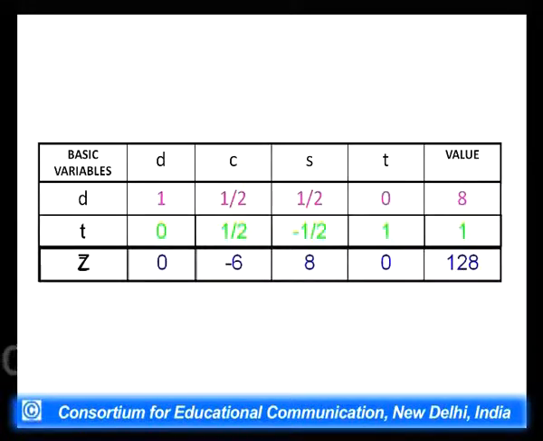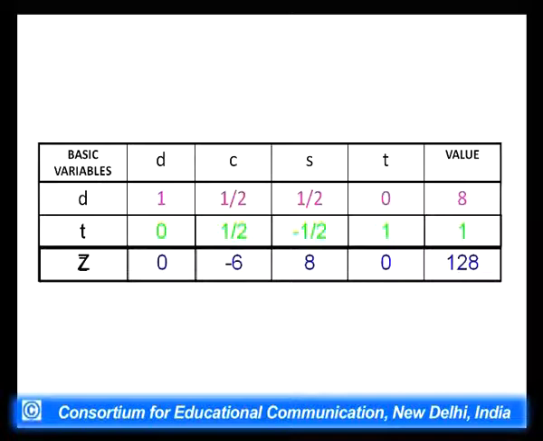So all the values in the pivot column are now brought to 0 except the pivot. This is what we wanted, but we have not achieved the final solution. Our aim here is to convert the objective row values to non-negative values. Either they should be 0 or positive values.